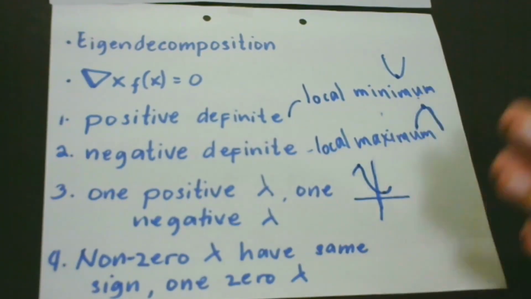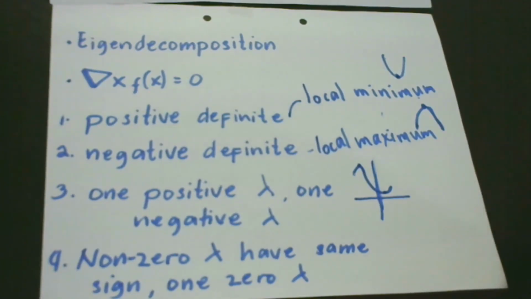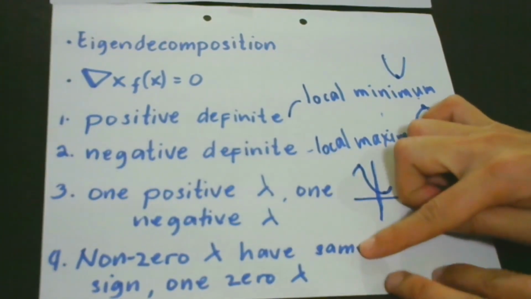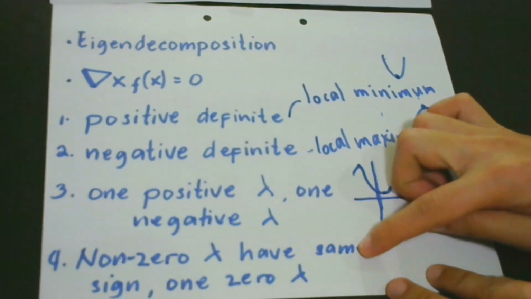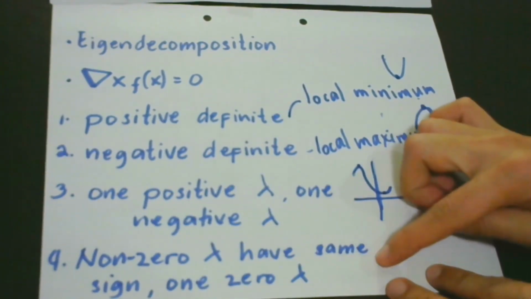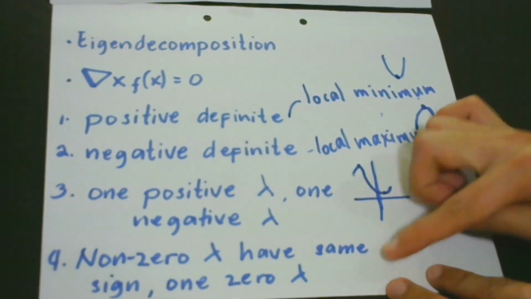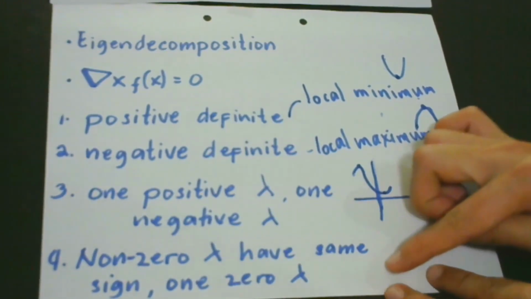The next situation is when all of the non-zero eigenvalues have the same sign. It can be positive, it can be negative. Also, we have at least one zero eigenvalue. Here, the multidimensional second derivative test can be inconclusive.